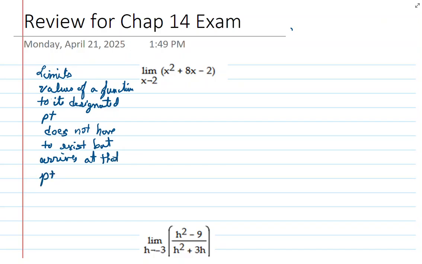So in this case, we have a polynomial, and we understand that the domain is negative infinity to infinity because it is continuous for all values of x.